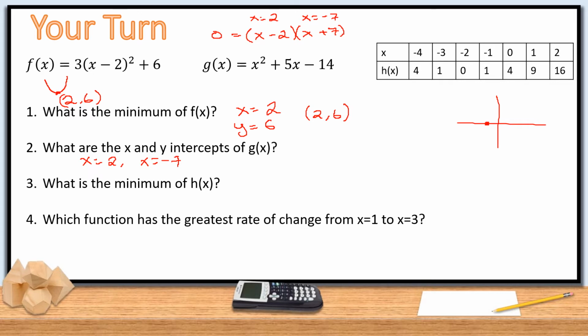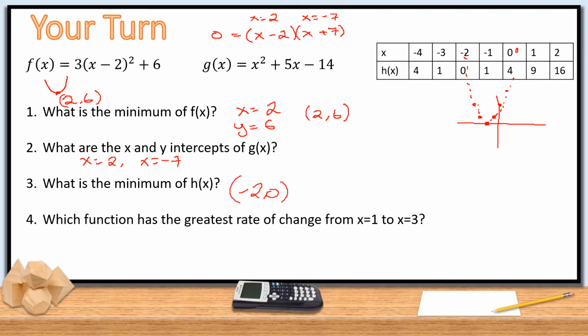So we've got minus 1, 1, minus 3, 1, 0, 4, minus 4, 4, and then we got 1, 9, and 2, 16. So you can see kind of the shape our quadratic is taking, and it would be symmetrical on the other side if we kept going. So our minimum would be at negative 2, 0.